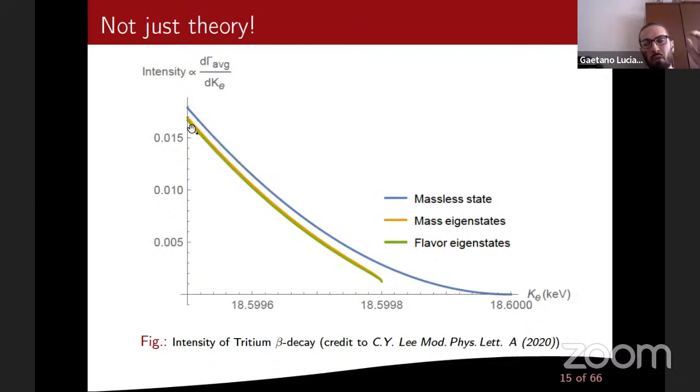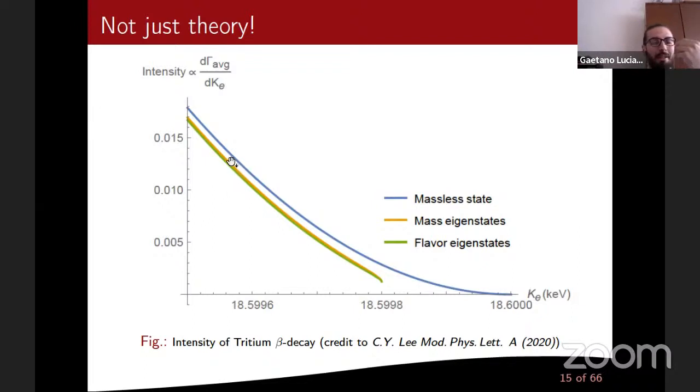The difference is very, very small, but it's non-vanishing. Of course, such a difference is currently below the sensitivity of current experiments. So for the moment, we don't have any experimental evidence to say whether fundamental neutrinos must be mass neutrinos or flavor neutrinos. But this is to try to convince you that the problem is here.